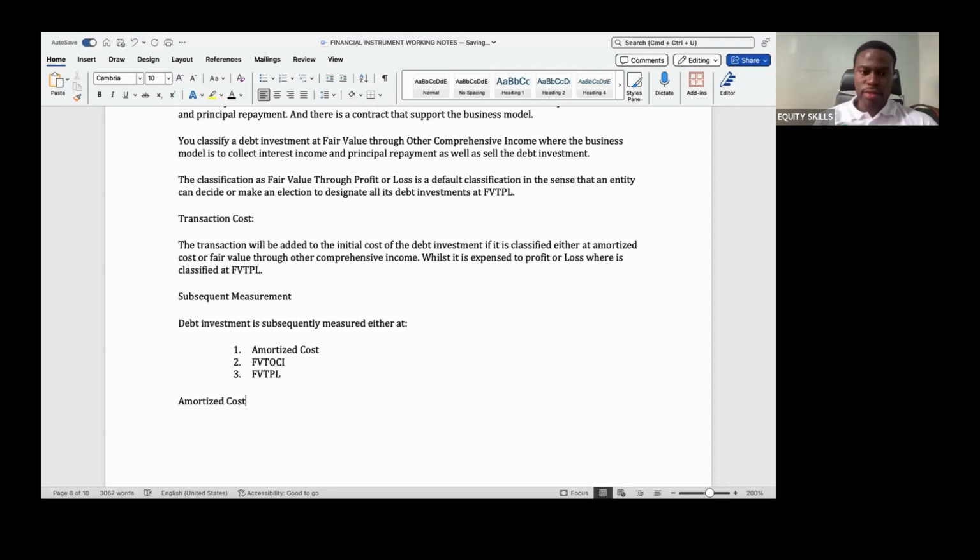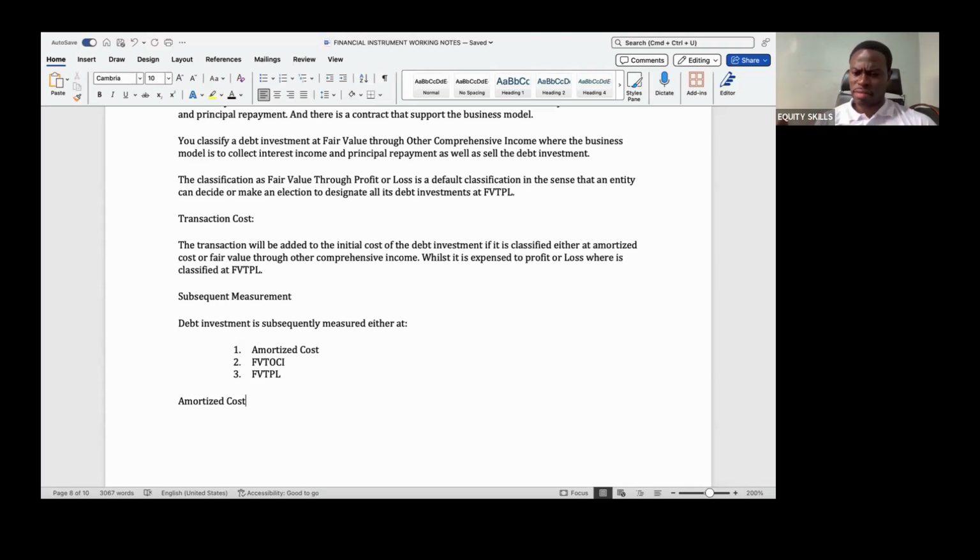So now, amortized costs. How do you determine that? What's the value for that? It is similar to the cost of the instrument, how much you bought it, just that at the end of the year, for debt investments, you collect interest and all of that.